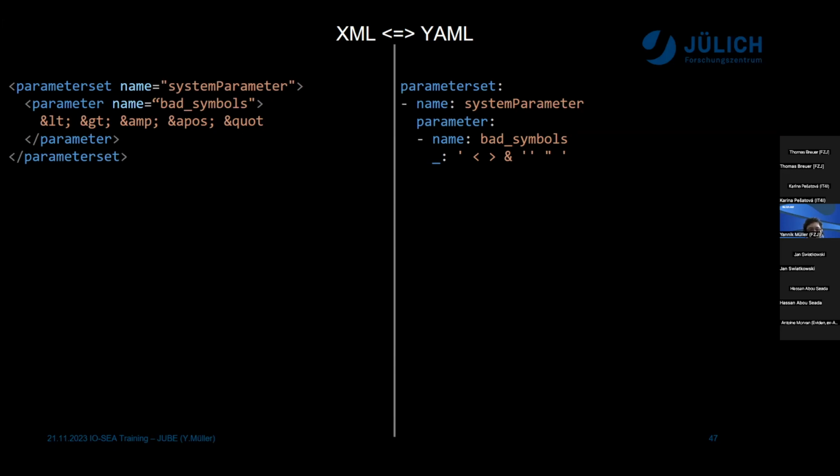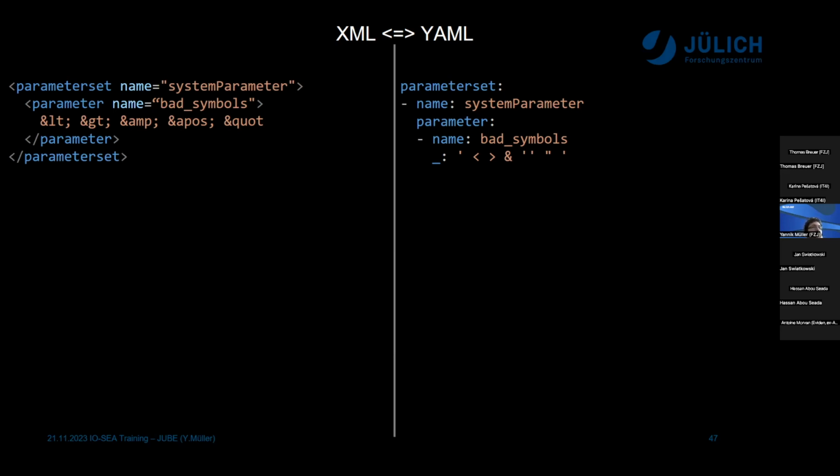Ampersand for shell scripts, like the ampersand we saw before for executing 2 commands in a row, only when the first one's successful, have to be encoded. And then the quoting symbols, the single apostrophe and the double quote.